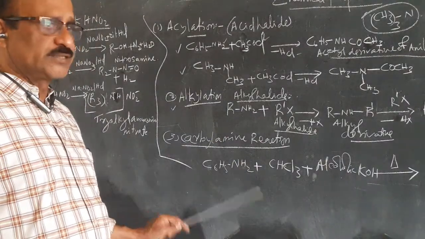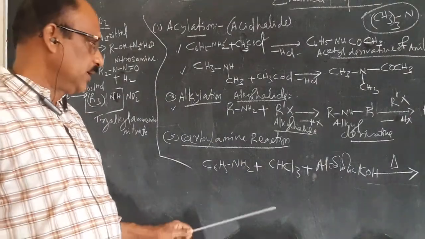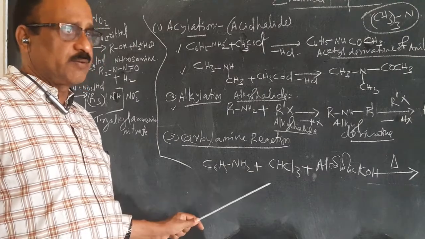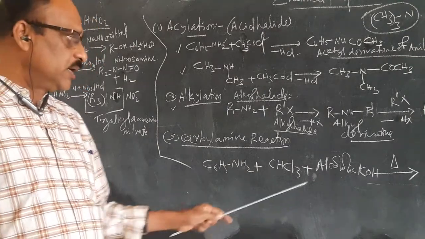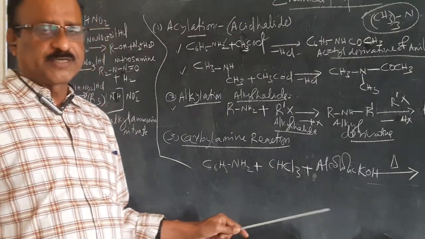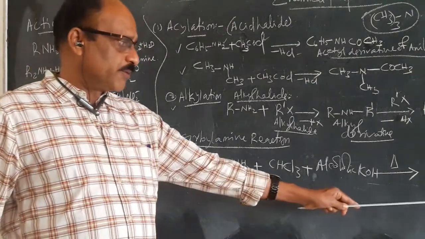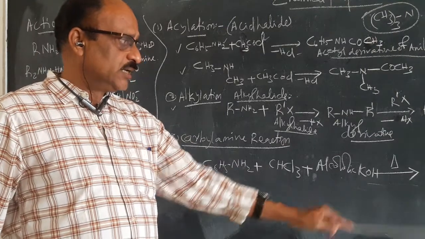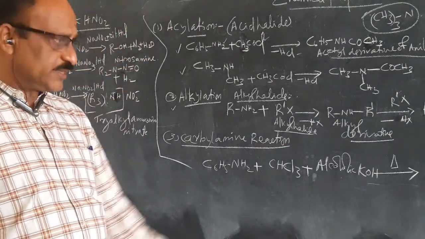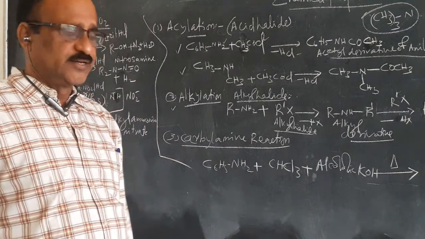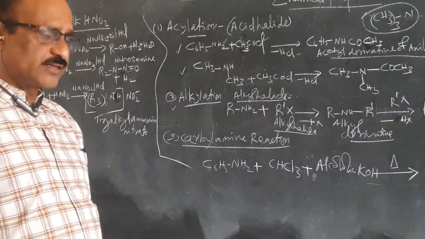So the carbylamine reaction is a test for the primary amine. Any primary amine can react with chloroform and alcoholic sodium hydroxide or potassium hydroxide in presence of heat, and you are getting a bad smelling, foul smelling gas. In this case you are getting phenyl isocyanide, and in other cases other isocyanides.